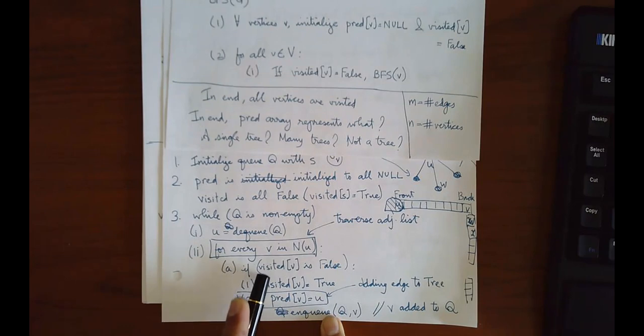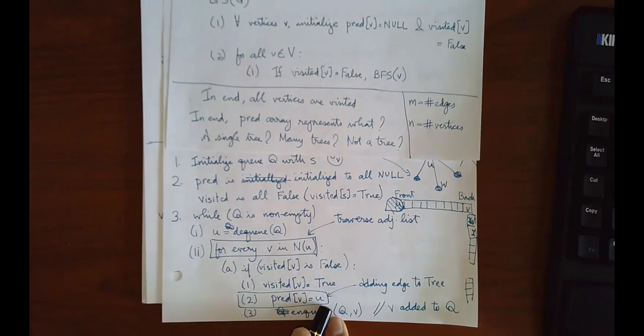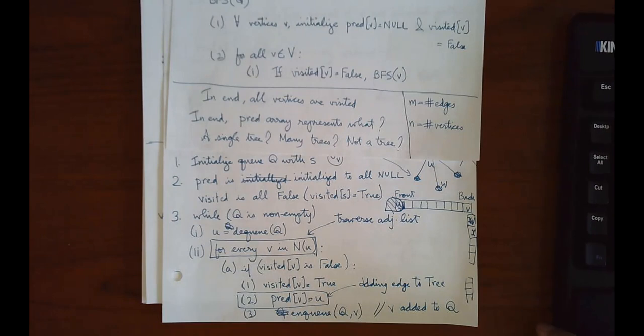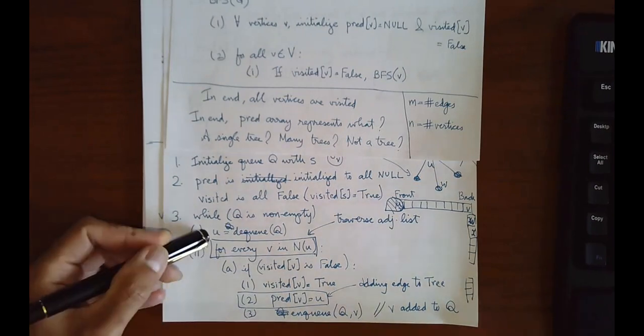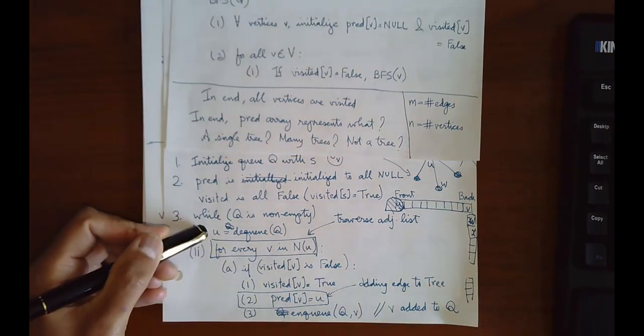If visited of a vertex is false, then it goes into the queue. It's never going to go into the queue ever again. So every vertex goes into the queue exactly once, and when it gets DQ'd, its list is traversed. The adjacency list of a vertex is traversed when that vertex is removed from the queue.